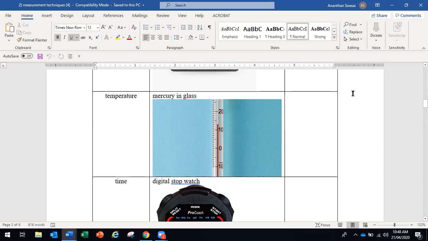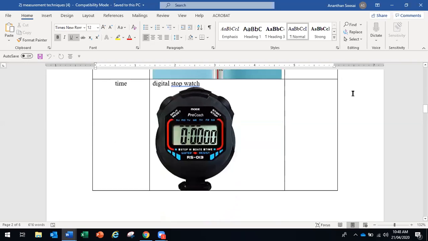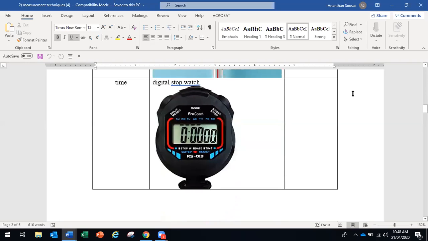Good. Okay, stopwatch. 0.01 can, 0.1 also can, but I prefer 0.1. Go for 0.1, although 0.01 is also accepted.